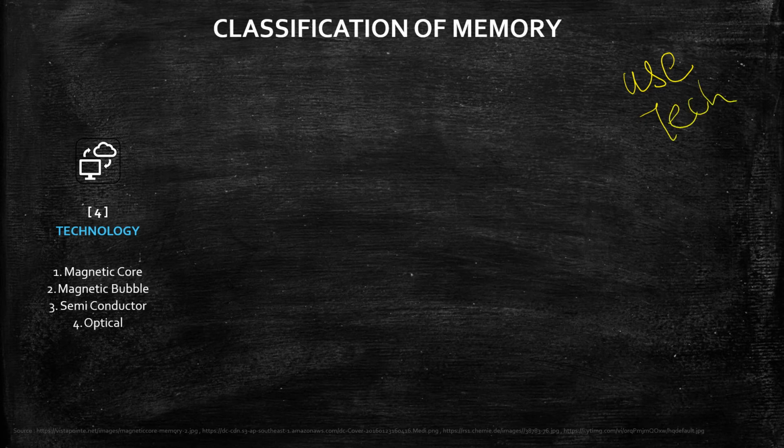Suppose I want to design X memory, and its use means I'll use the A technology. Choosing the technology depends solely on where this memory is going to be used, what type of system it will have, what type of transactions it needs to do. So many other parameters are there.